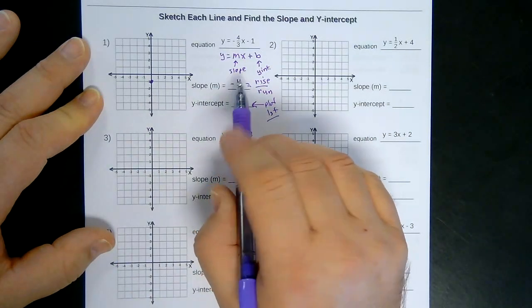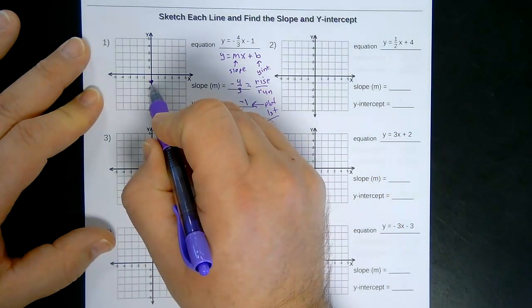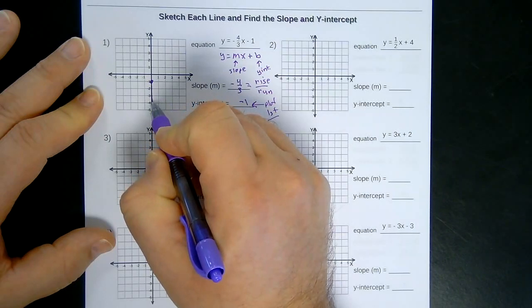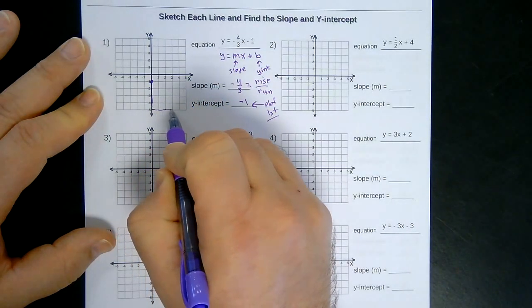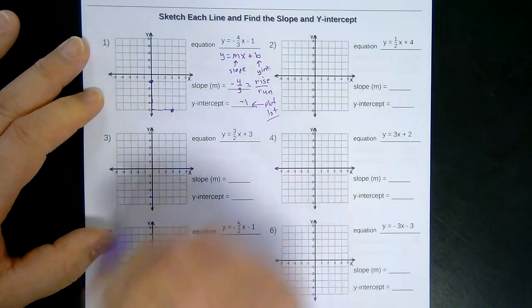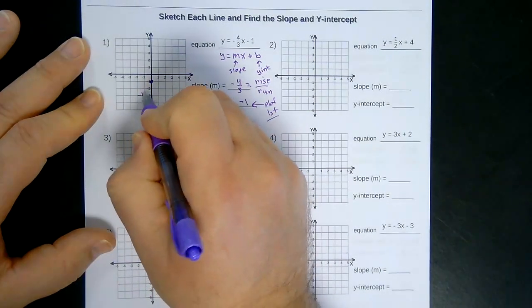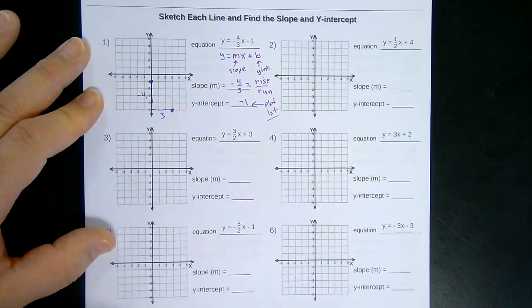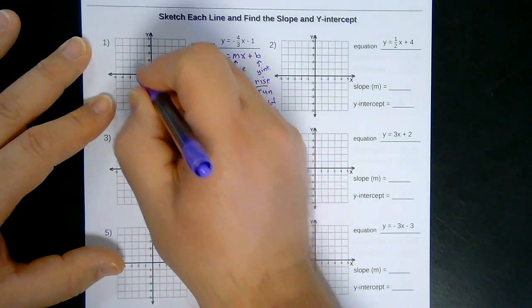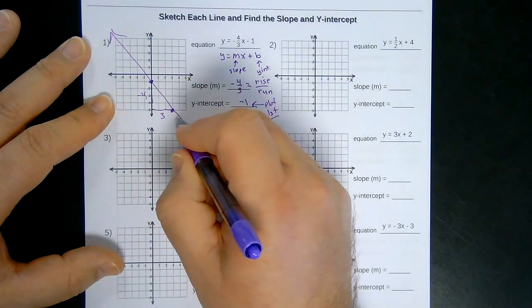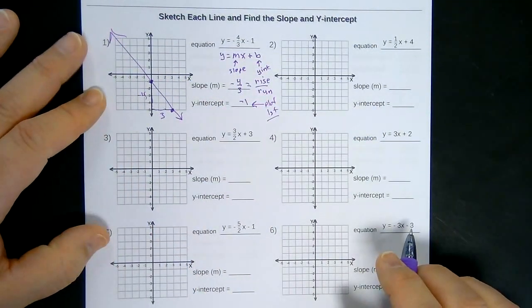Now I only have to do one of those negatives, so I'm going to start here, go down 4, 1, 2, 3, 4, and then to the right 3, 1, 2, 3, and put my other dot. Again, negative 4, there's 3. Rise over run. Now sketch my line. Draw that line as best that you can through the entire graph.